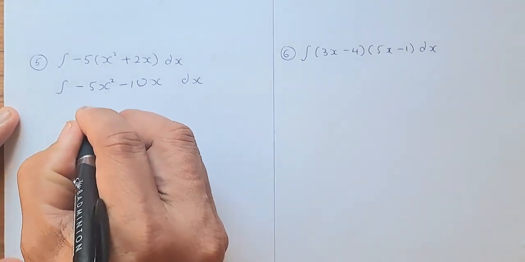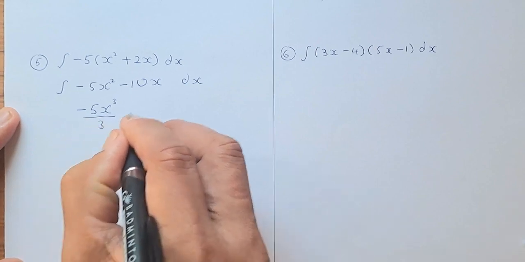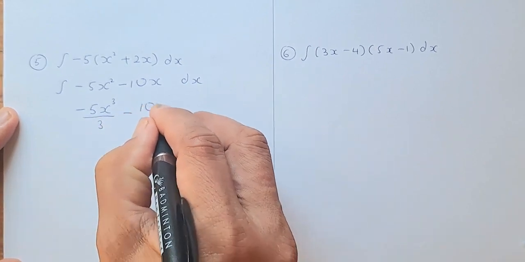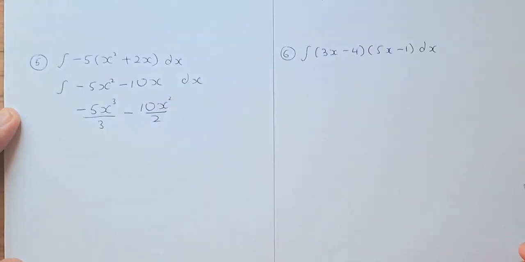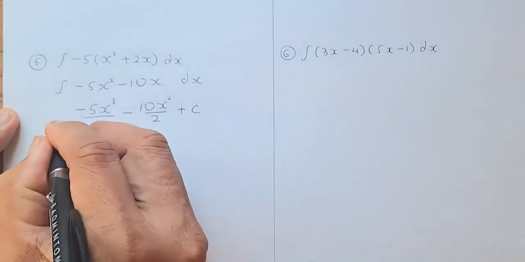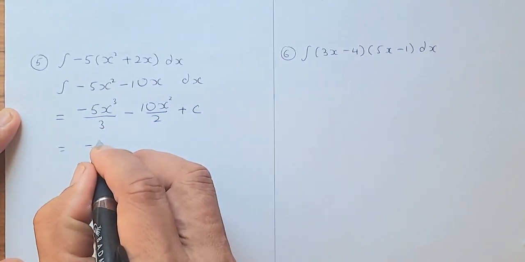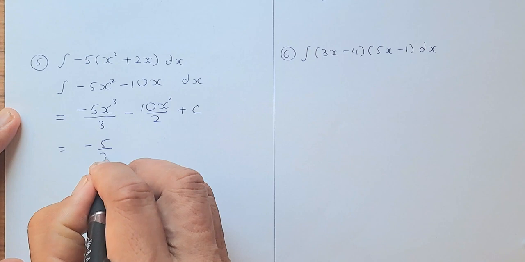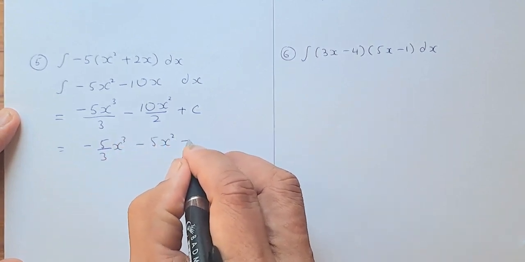So this becomes minus 5x cubed. 2 becomes a 3, and you divide by the 3. Minus 10x squared over 2, because x becomes x squared divided by 2, and you must plus c. Okay, and now you simplify that. It's going to be minus 5 over 3 x cubed minus 5x squared plus c.